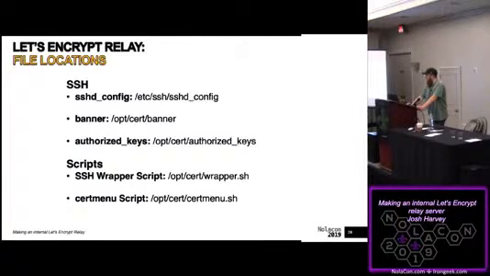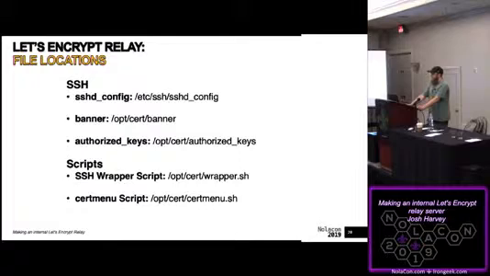Once you have Apache installed and the vhost created, we need to create the group that will be used in the SSH config and where we're going to add the relay users to.